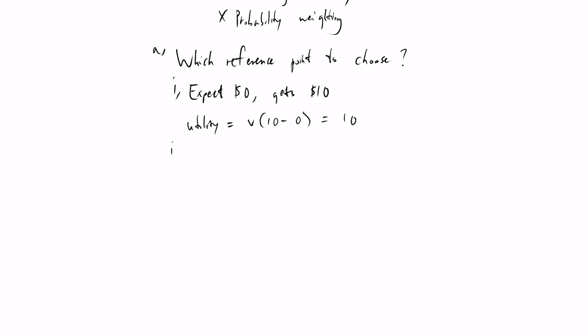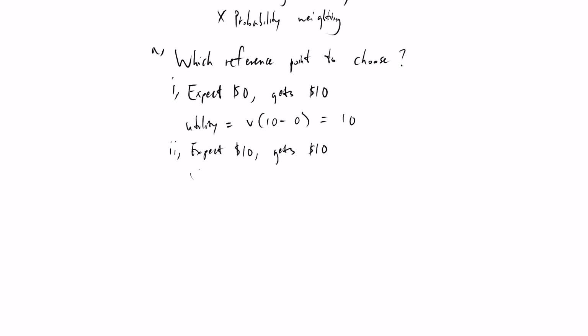And if he expects $10, gets $10, his utility equals V(10 minus 10) equals 0. All right? So the first observation is earning money does not necessarily make you happy if you expect to earn that amount to begin with.